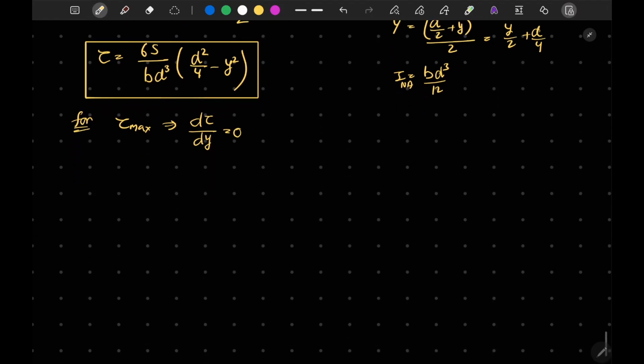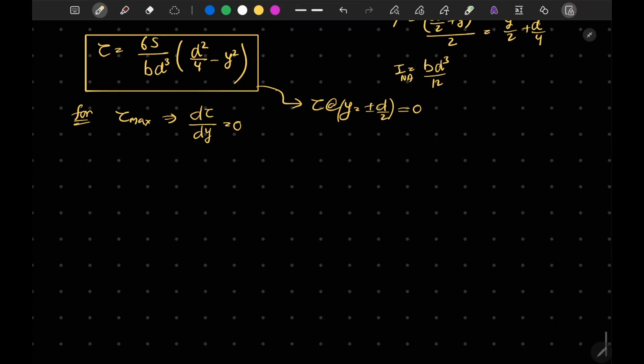And from this we can say that our tau at y equal to plus minus d by 2: if I substitute plus minus d by 2, this tau will become 0. I hope you understood till here.